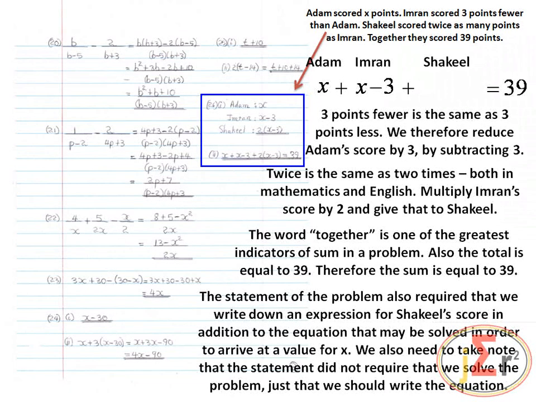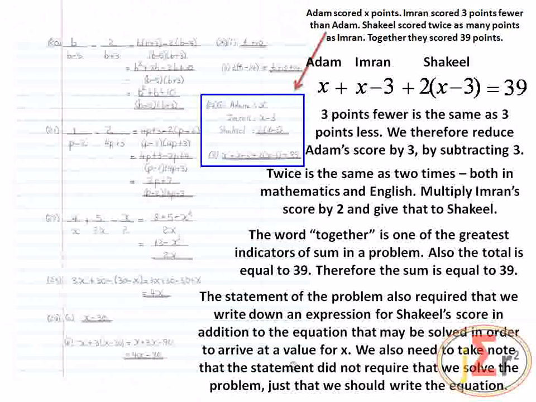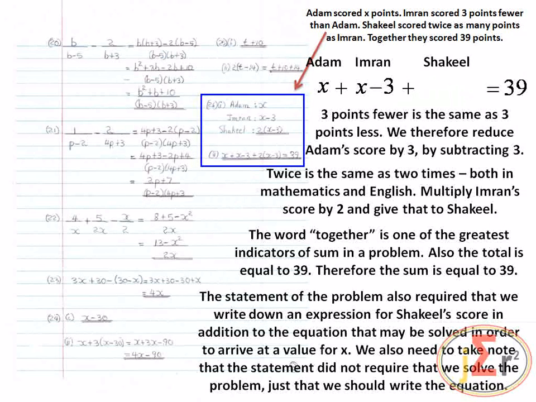It was required in addition to the equation that may be solved in order to arrive at the value for x. We also need to take note that the statement did not require that we solve the problem, just that we write the equation that may be solved to give a value for x. It did not require that we find the value for x.